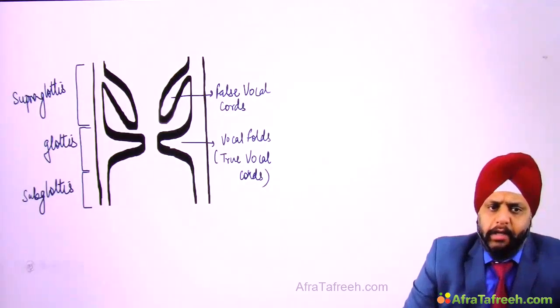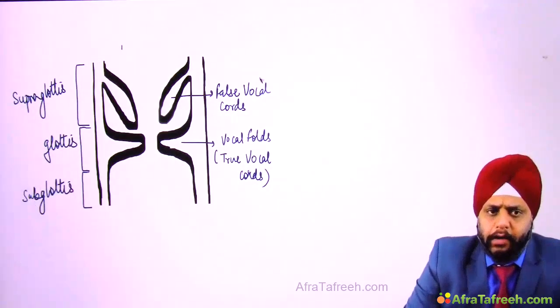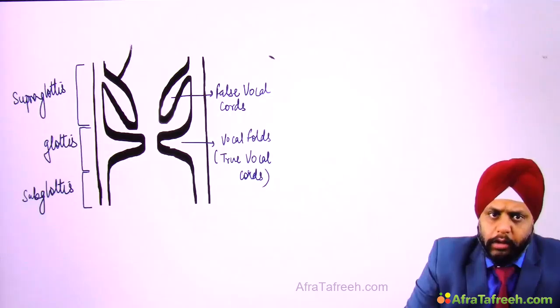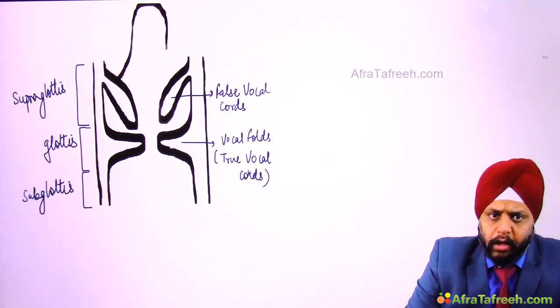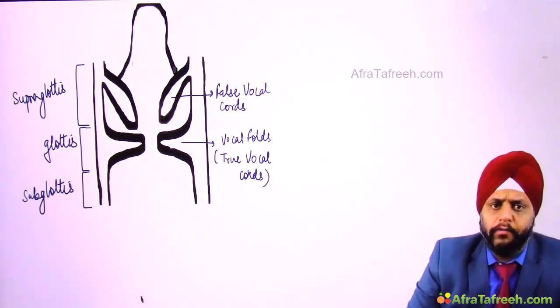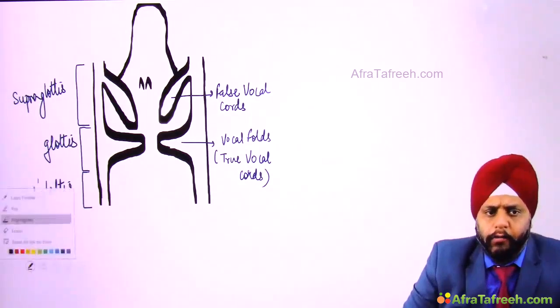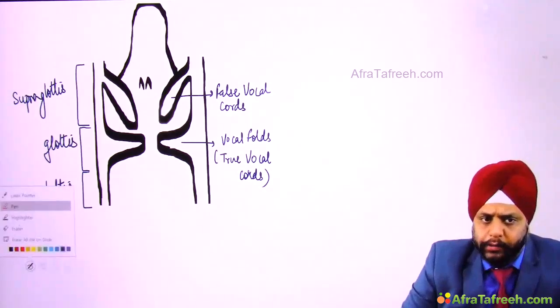Now, this larynx, as we discussed, starts at the laryngeal inlet, right? The internal structure starts at the laryngeal inlet, and this laryngeal inlet is formed anteriorly by the epiglottis that I have just drawn and posteriorly by a pair of arytenoid cartilages.